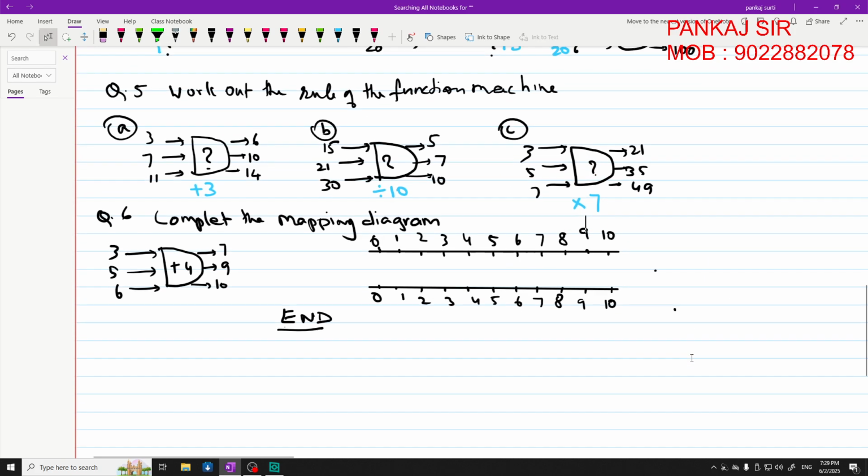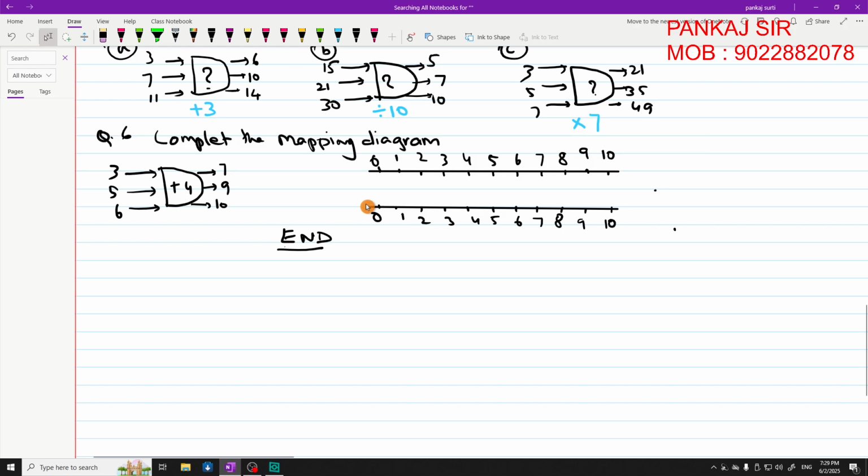And the last question, complete the mapping diagram. Now this is 3 plus 4 is 7. So these are your inputs, these are your outputs. Okay. So you have to complete this diagram. So this is the input. And this is output.